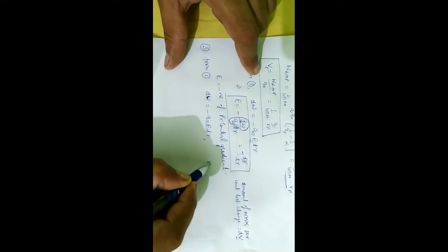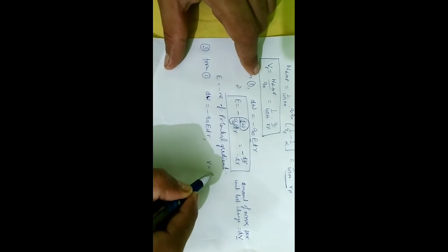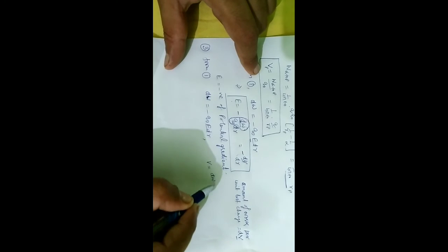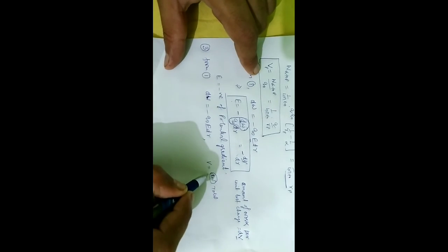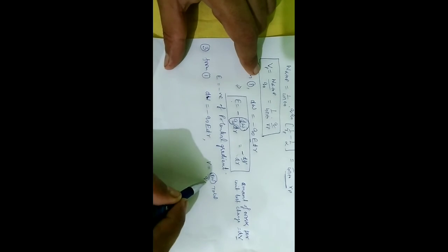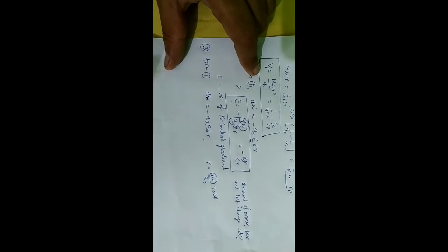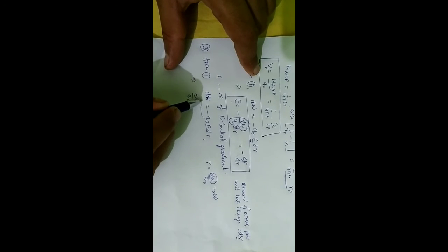So we know that potential is the total amount of work done per unit charge or test charge rather. So we will calculate that. So dW, q naught I took this side, it becomes minus E dr.